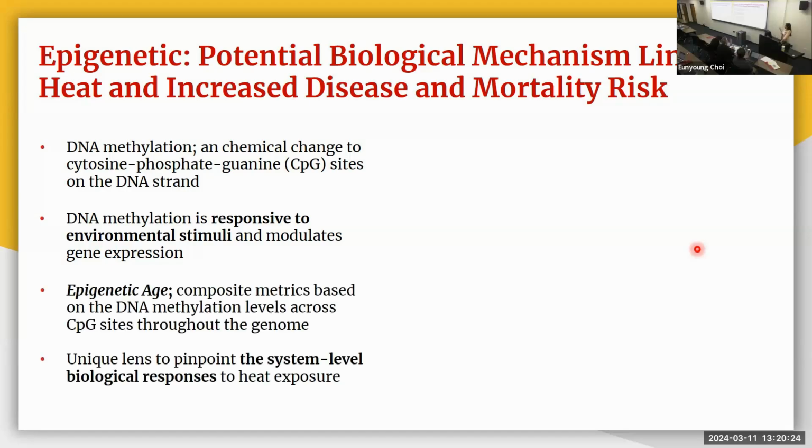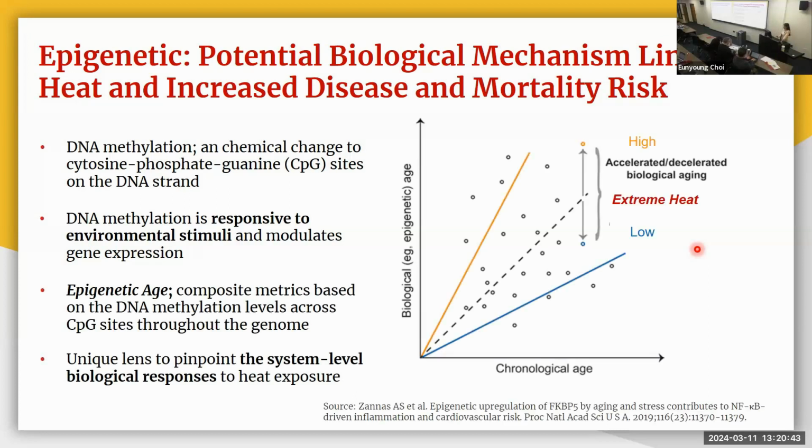Here we use epigenetic age, which is a composite metric based on the DNA methylation levels across the CpG sites throughout the genome. Looking at epigenetic age provides a unique lens to pinpoint the system-level biological responses to heat exposure. Here I adopted from a prior study the conceptualization of the hypothesis we have.